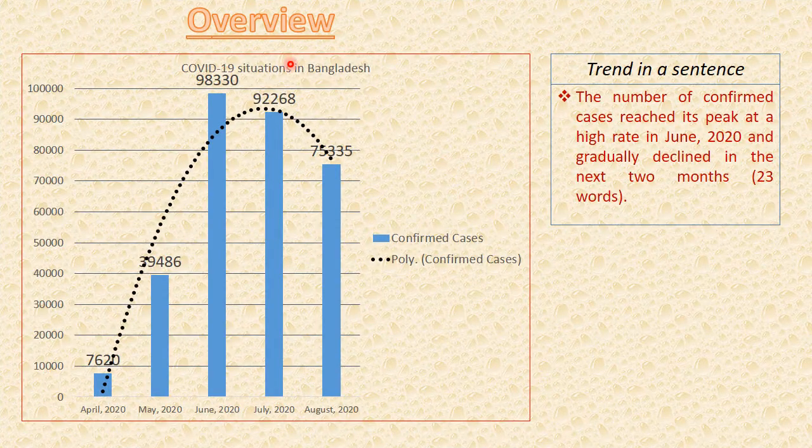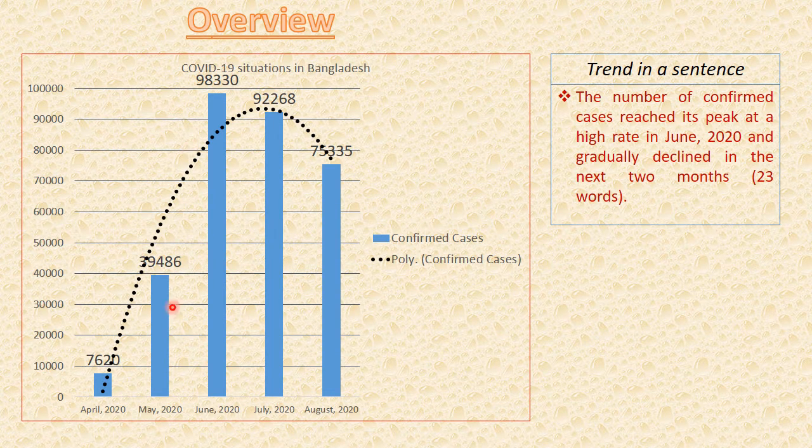And now overview. In the overview, you will just mention the trends you find in the graph. This is the trend line. If you follow the trend line carefully, you will find that up to the peak, here we find the peak in June 2020. Up to the peak, the line is very steep.